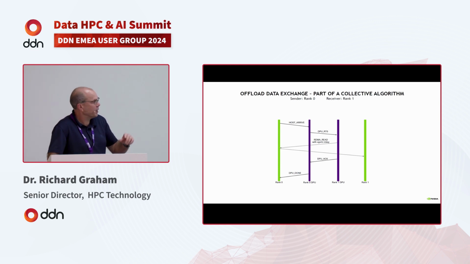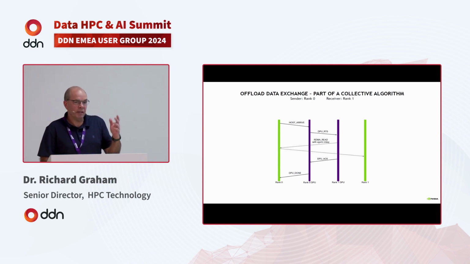So when a host makes a call to a collective operation, say your MPI all to all, MPI all to all v, something like that, it basically tells the DPU that the collective has started, passes down a bunch of metadata, and at that stage the DPU takes over running the collective.